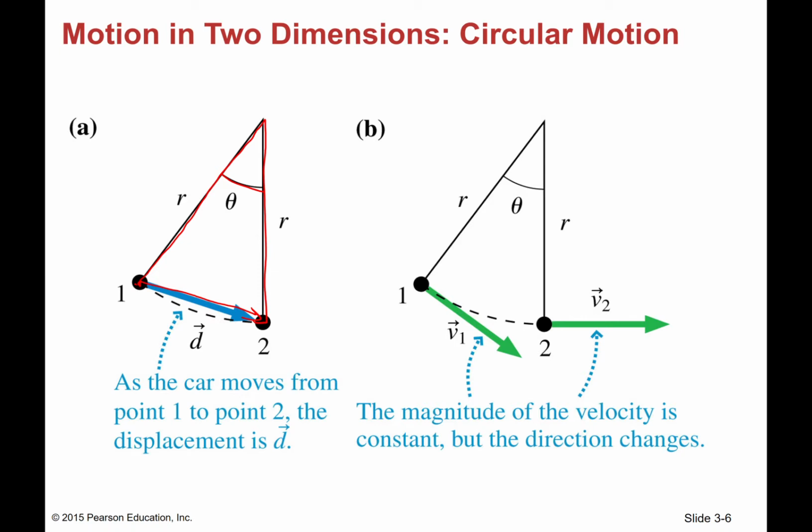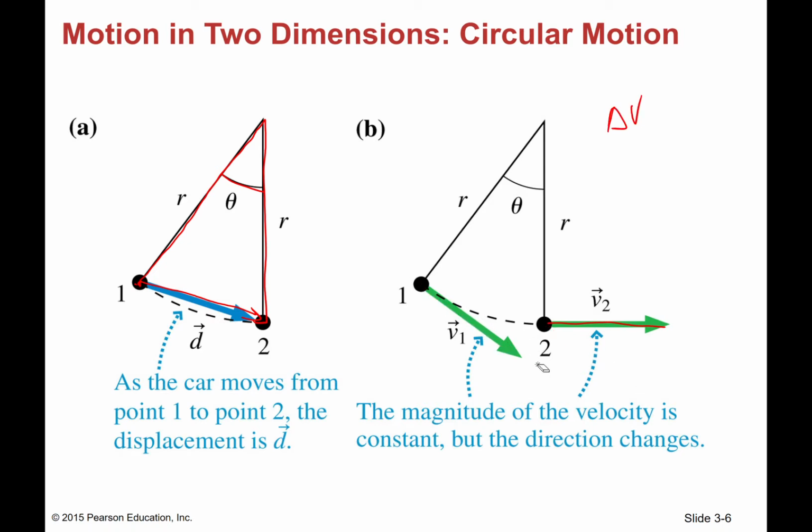In that triangle, at 1 this is the velocity, and at 2 this is the velocity. I can slide the vector from 1 and put it here, and this is what I get. And then the question is, what is delta V?